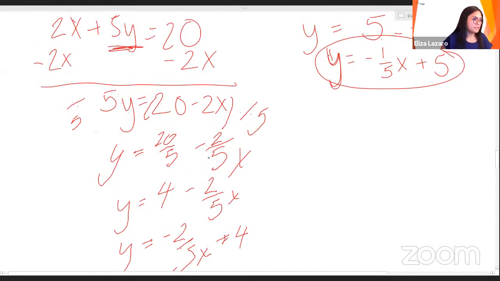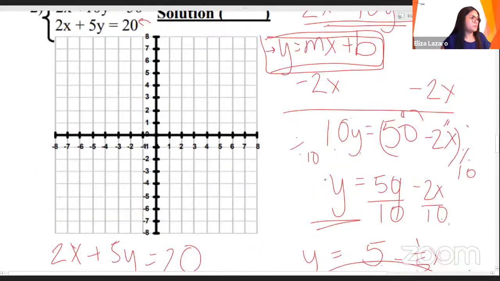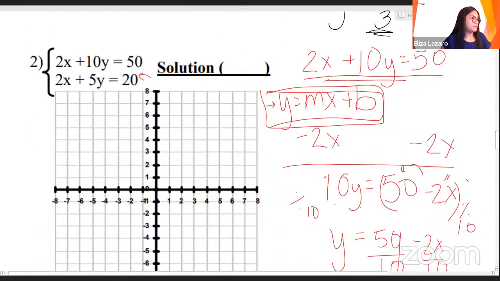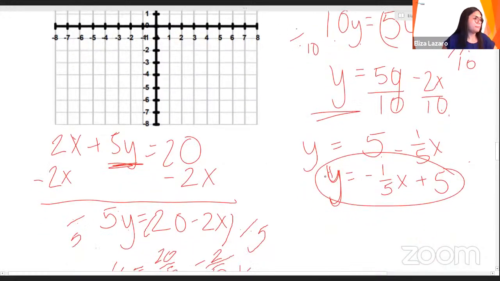All right, so let's go ahead and start graphing to solve this problem. I think I did that correctly, hopefully. That's 2x plus 5y equals 20. All right.